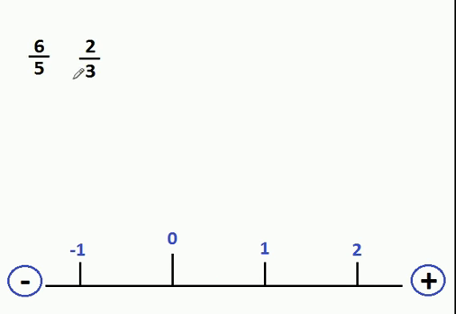Let's do that again, this time with 6/5 and 2/3. The first thing that we need to do is make sure that they have the same bottom number. They haven't got the same bottom number, so we need to find the lowest common bottom number. So we go to our times tables. 3 times tables and 5 times tables, using the 2 numbers from the bottom of the fraction.